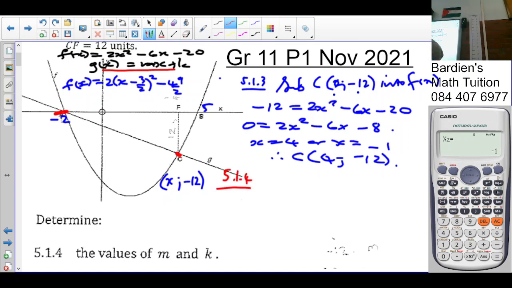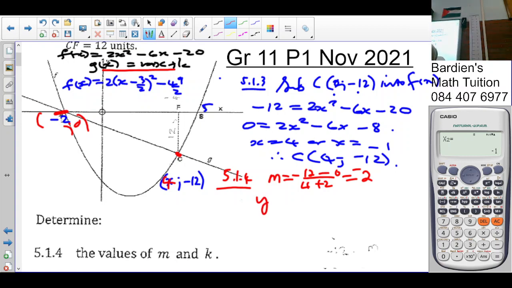it's simply going to be the gradient, which is the change in y over the change in x. That's negative 2 and 0, and C is 4 and negative 12. So it's going to be negative 12 minus 0 over 4 minus negative 2, which gives me a gradient of negative 2. As I saw the graph is leaning to the left, so it must be a negative gradient.